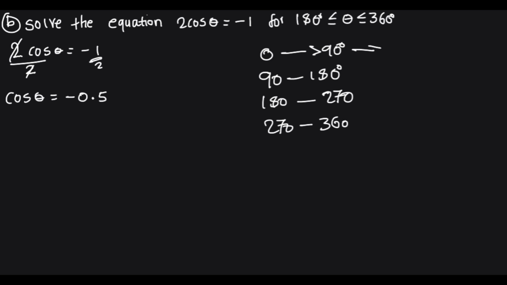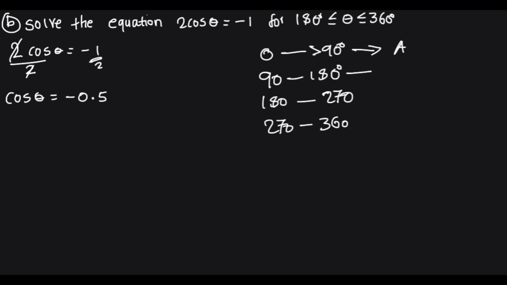Now from the first quadrant, all the 3 trig ratios are positive, so we just write letter A. So this means that cos of any number from the first quadrant will give us positive. Tan of any number from the same quadrant will give us a positive, even sine.